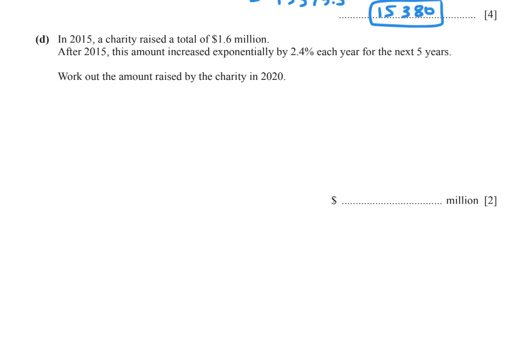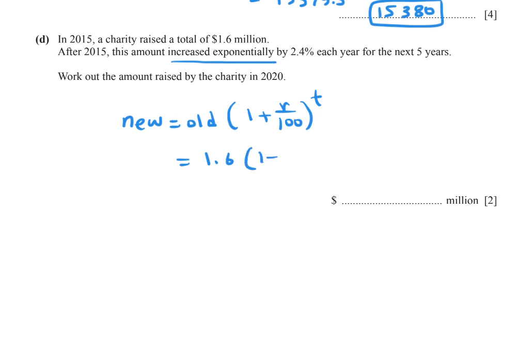So, increased exponentially, so the new value equals the old one into 1 plus r over 100 power t. So the old value is 1.6 million into 1 plus r, which is 2.4, increase each year by 2.4 over 100 power 5 equals $1.80 million.